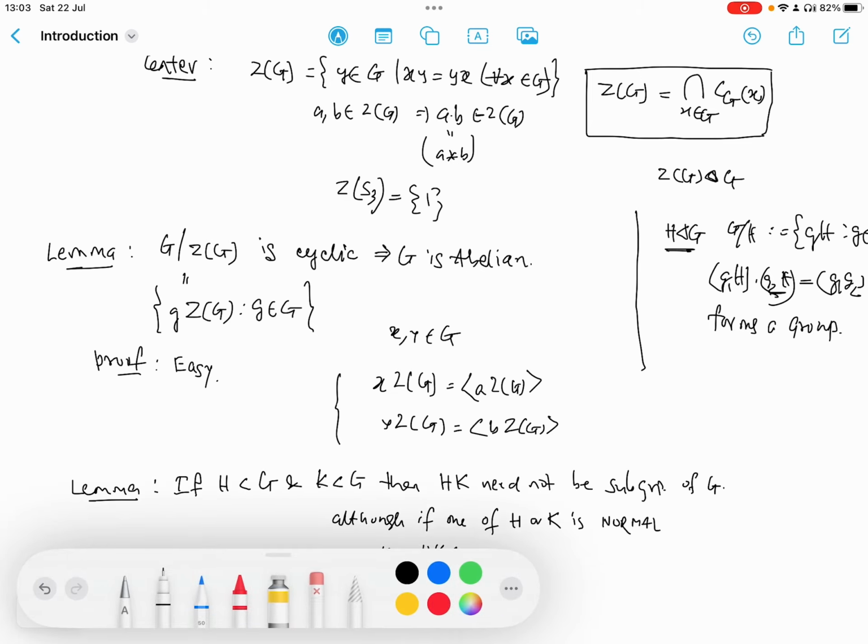HK is just a subgroup, not a normal subgroup.